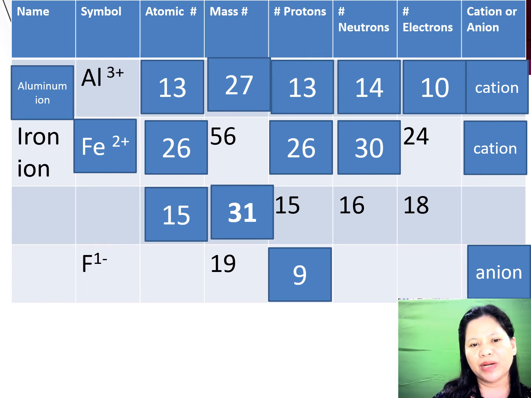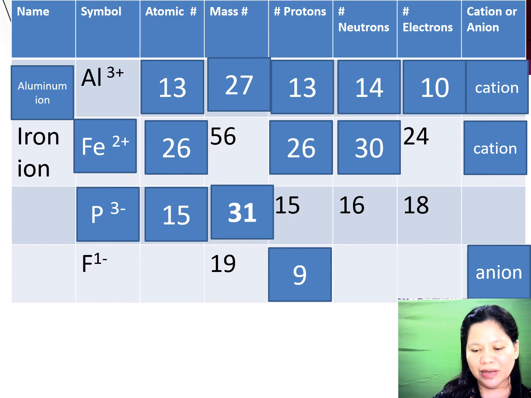Now, look at protons and electrons. What's the difference between 15 and 18? Okay, very good. There is a difference of 3. Is it increasing or decreasing? Well, that is increasing. So therefore, there is an additional 3 electrons.